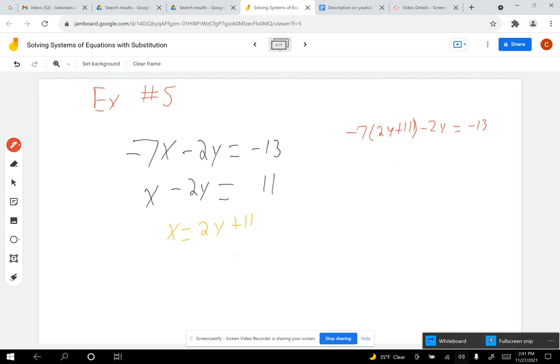So negative 7 times 2y would be negative 14y, and 11 times negative 7 would be negative 77, minus 2y equals negative 13. I then combine like terms. Negative 14y plus negative 2y would be negative 16y.